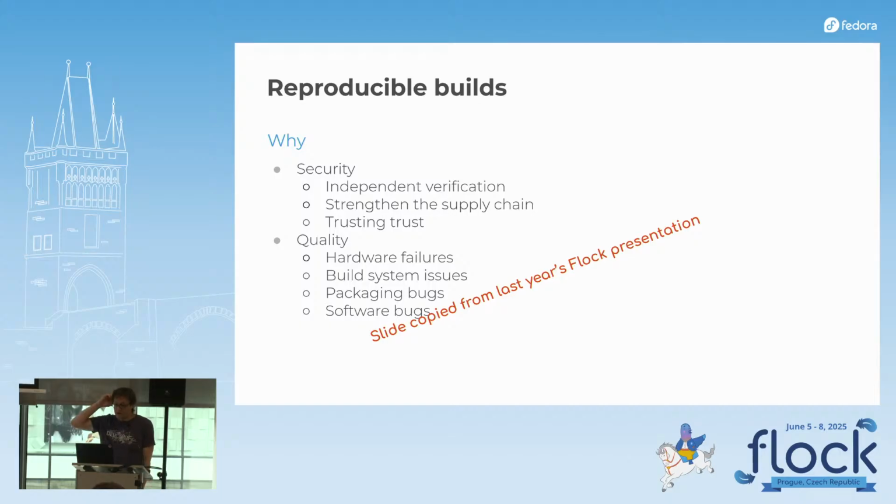What also hasn't changed is that there are two legs, two motivations. One is security. This is the original motivation. The story is apparently that when Bitcoin was a very popular thing, well, it still is, but a long time ago, there was software, and people wanted to trust that the software that they're downloading in compiled form is actually the real one that corresponds to the source code.